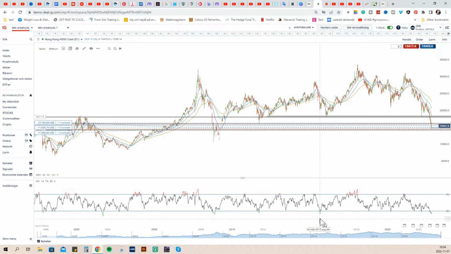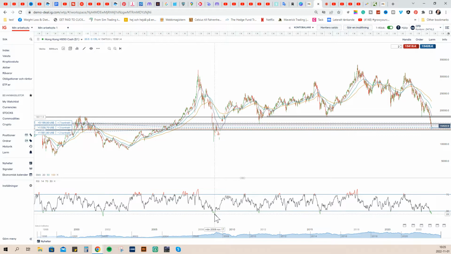We can see here, it went below RSI 50. They have a positive divergence here. You see this low is higher than this low, but the price is lower than this. So we can have a positive divergence here, and you see the price shoots up.